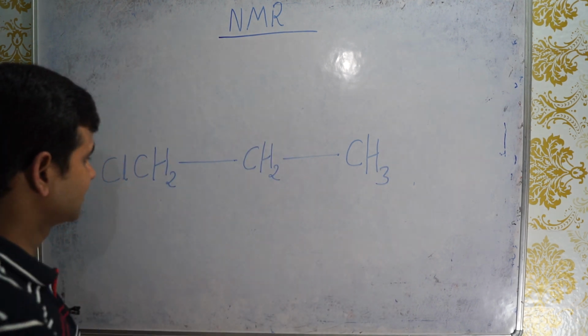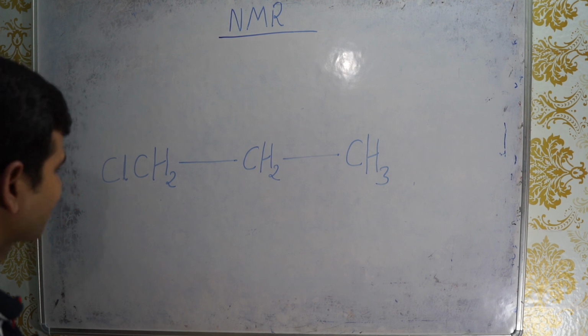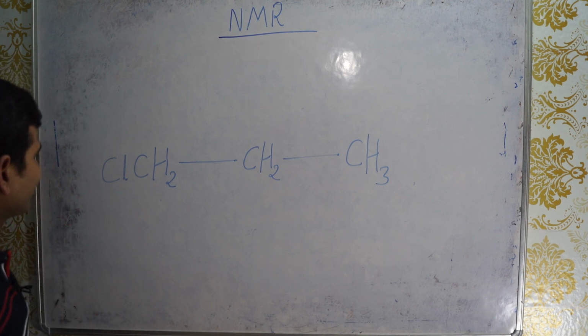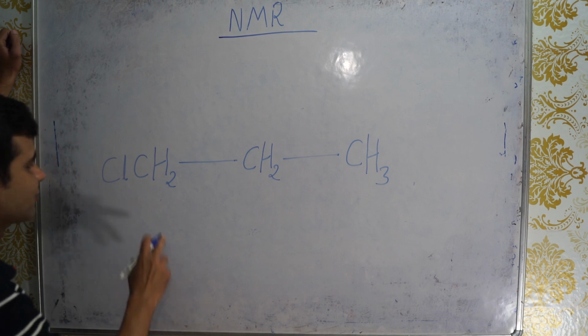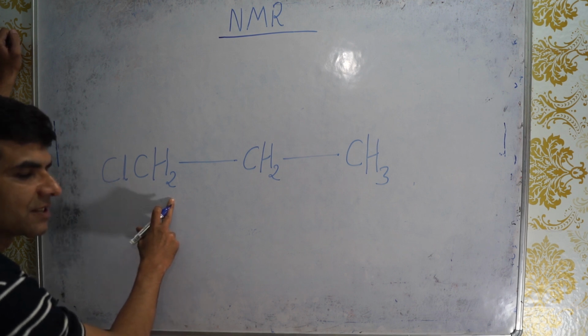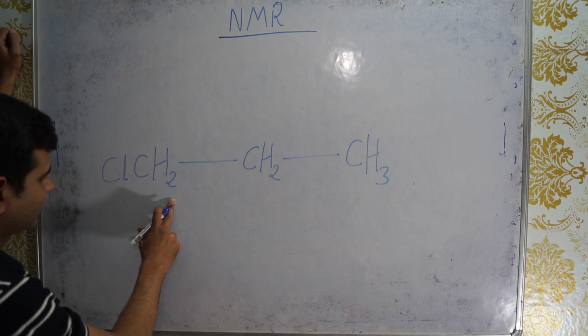Okay, this is one chloropropane. First of all, let's discuss how many types of hydrogen atoms are present in one chloropropane.